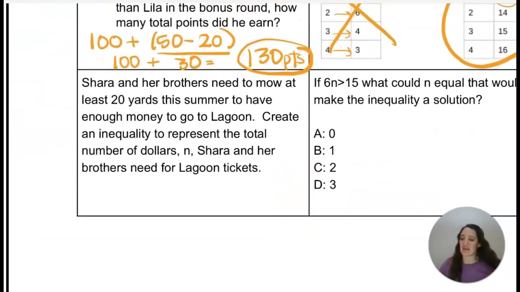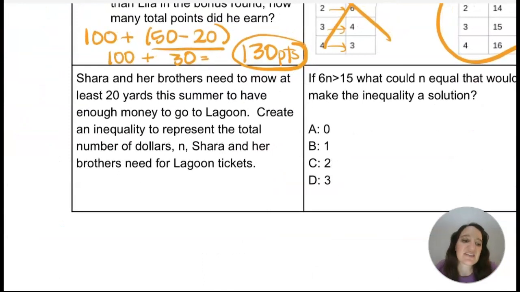All right. Sarah and her brothers need to mow at least 20 yards this summer to have enough money to go to Lagoon. Create an inequality to represent the total number of dollars Sarah and her brothers need for Lagoon. All right, inequality.